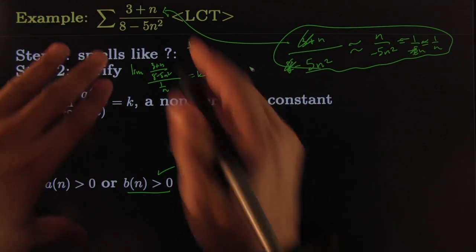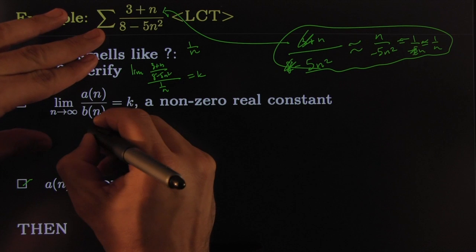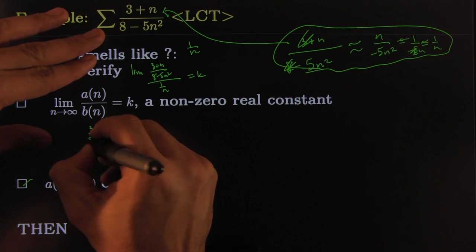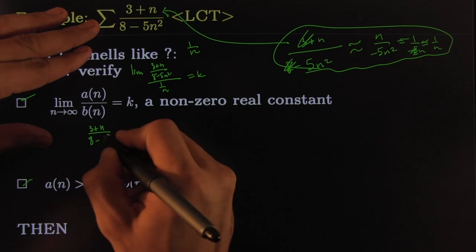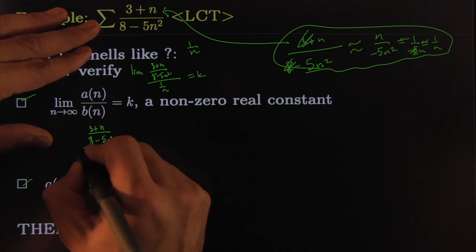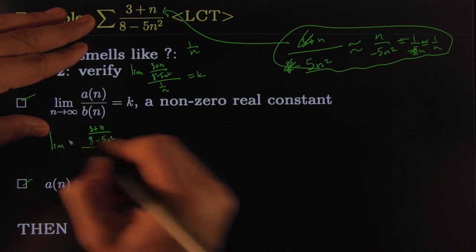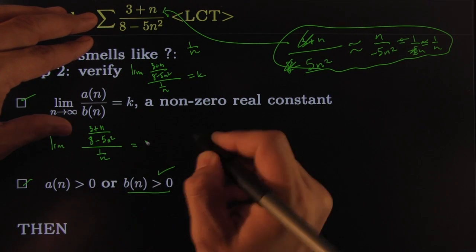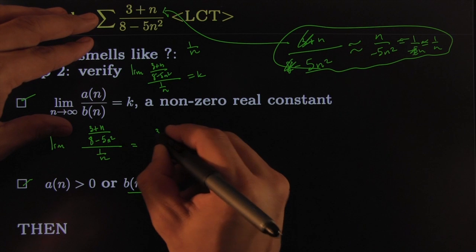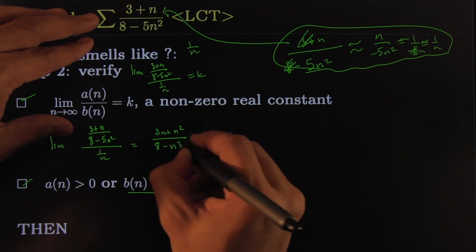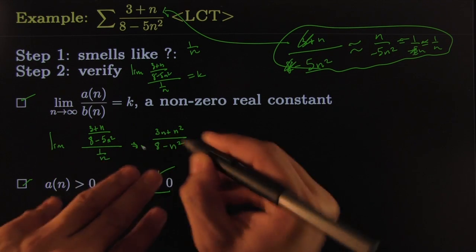Got it? Alright, so we first smelled it out, and we think that 3 plus n over 8 minus 5n squared smells a lot like 1 over n. So we're going to check out this limit as n goes towards infinity. Do a little cleanup here. Maybe do 3n plus n squared all over 8 minus n squared. That's algebra.